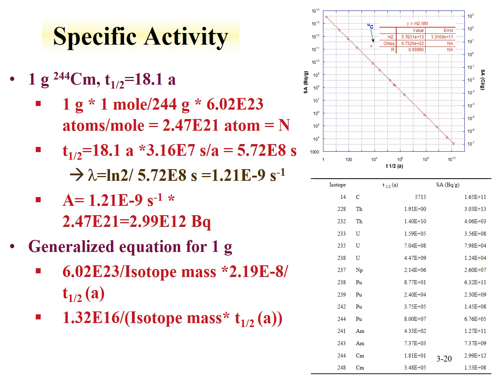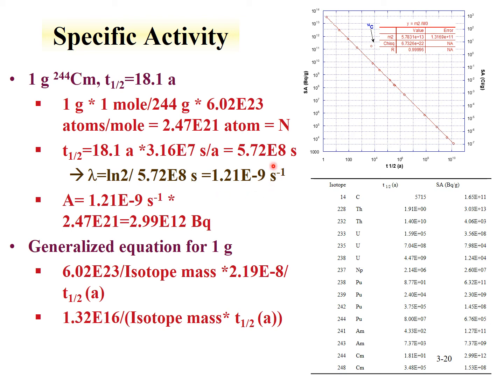So if we look at some other isotopes, specific activity, a gram of curium-244, the half-life is 18.1 years. For 1 gram, we get so many atoms in a gram from the molecular weight of 244 grams per mole times Avogadro's number. We convert the half-life from years into seconds.